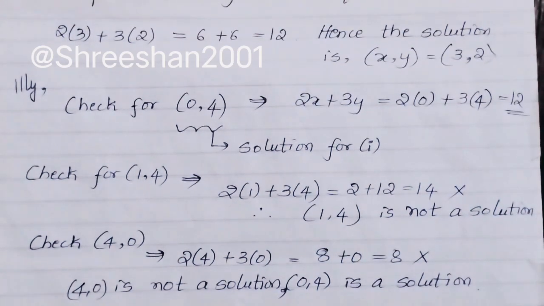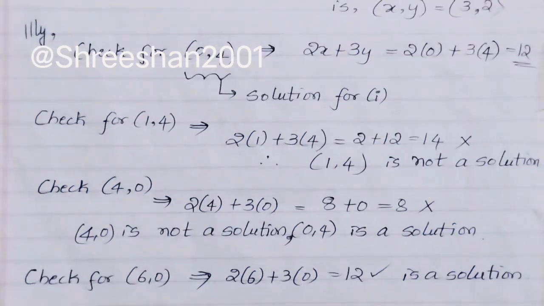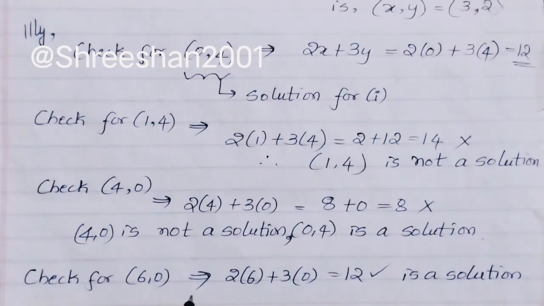In some other example it may be a solution, but in this example it is not a solution for the equation. Now let us check for 6 comma 0, another value. So 2 sixes are 12, 3 zeros are 0. Again 12, LHS is equal to 12, RHS is also equal to 12. So hence it is a solution.